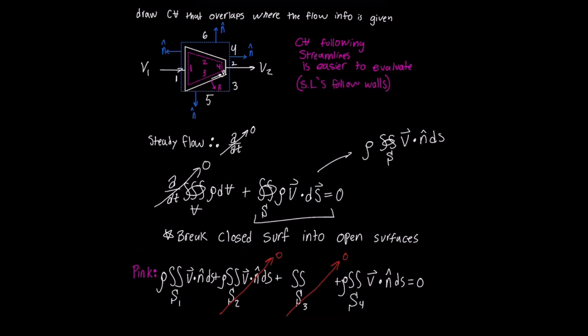And now we have to be careful which way the normal vector is facing. For this one, it's facing to the left, so it is opposite of the velocity. So it has a negative 1 x component, and the velocity has a positive 1 x component.